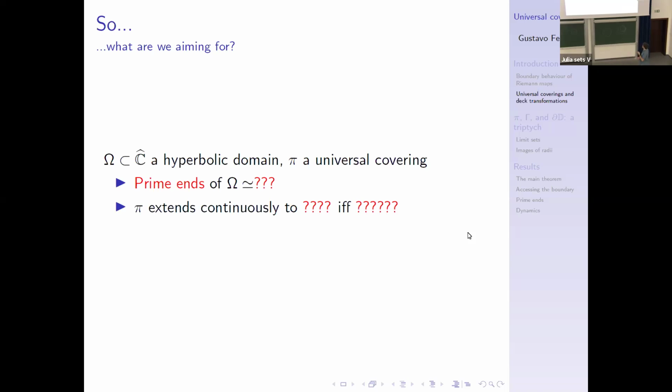Under what criteria do I have some continuous extension to maybe some subset of the boundary? And finally, if I have some access to some point on the boundary of omega, how do I find these accesses on the unit circle? Right? And remember that these were the 3 main theorems that we had for Riemann maps. And what we're going to try to do is to find basically multiply connected versions of these results. Okay.